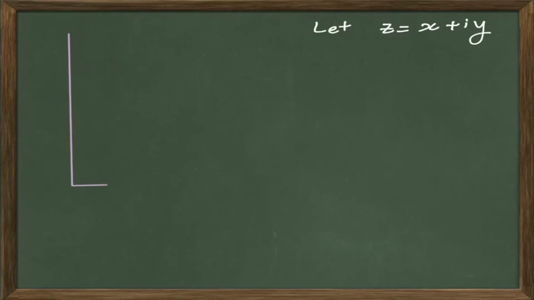Geometrically, the principal argument of z can be represented as follows. Let z be equal to x plus iy and P be the point representing the complex number z in the Argand diagram.